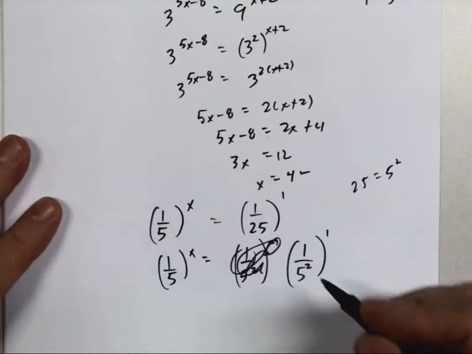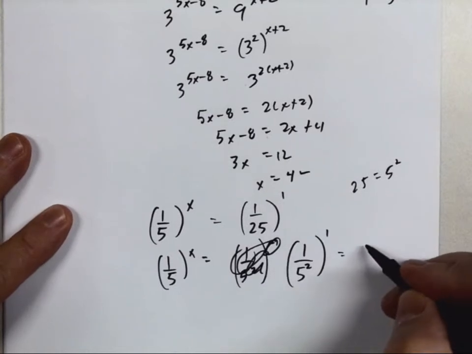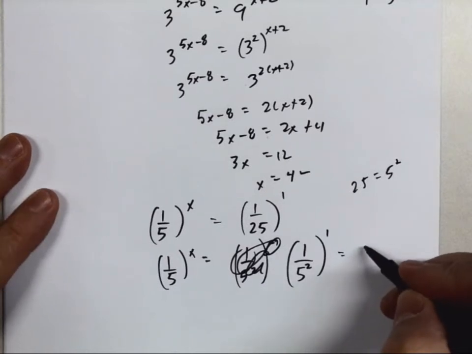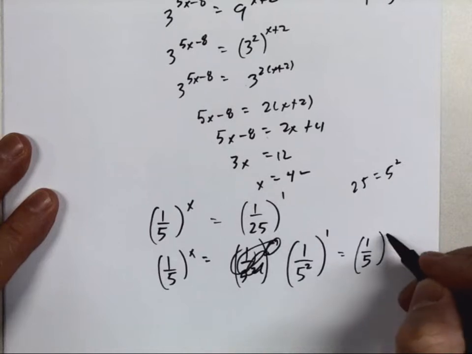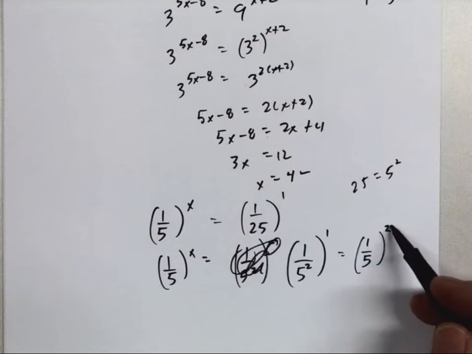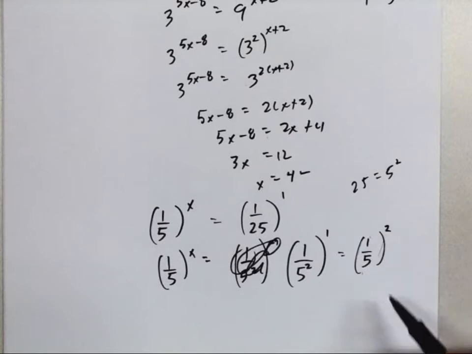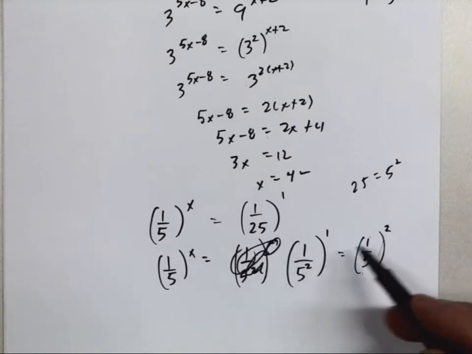And furthermore, hopefully you see that 1/5 whole thing squared is the same as this, because the 2 gets applied to the top and the bottom, and 1 squared is just 1.